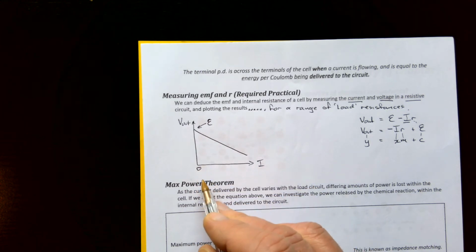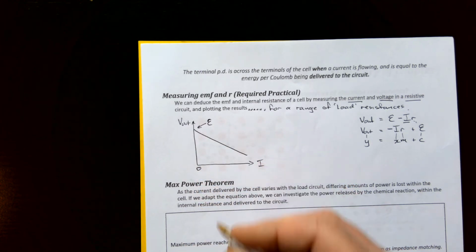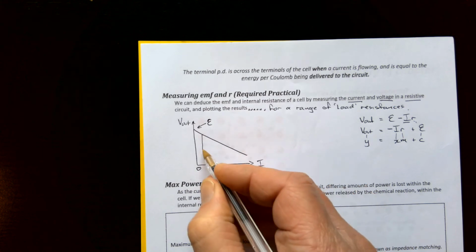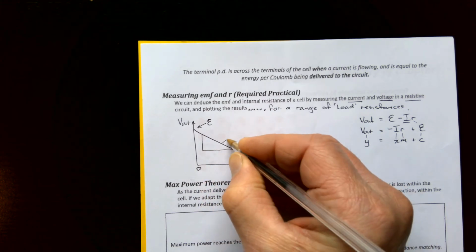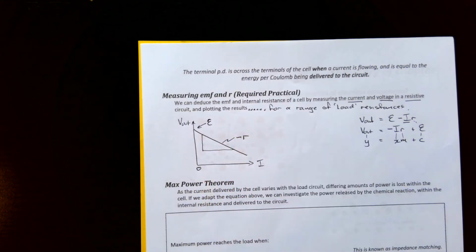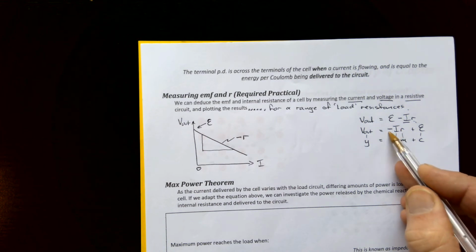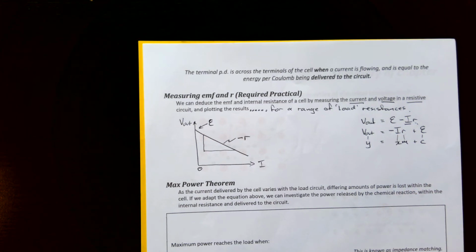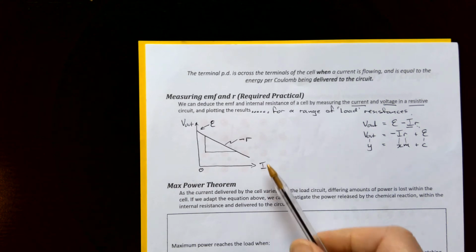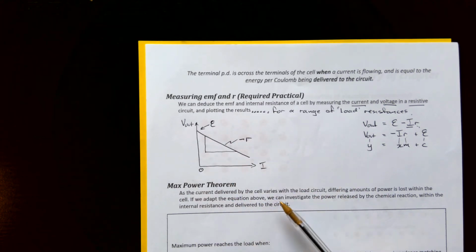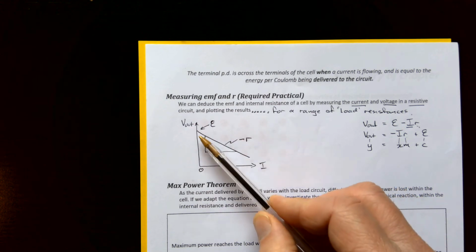Okay, so when current is 0, that's our definition, isn't it? And gradient will be minus R. Okay, minus and the R.